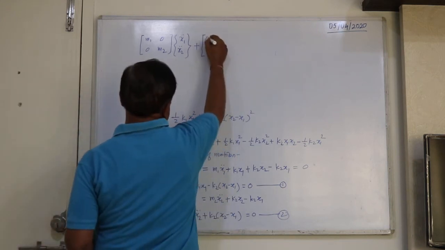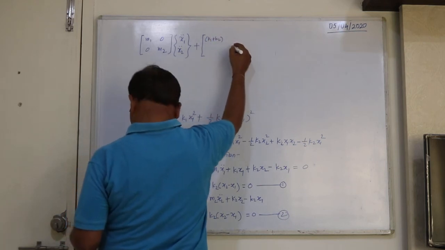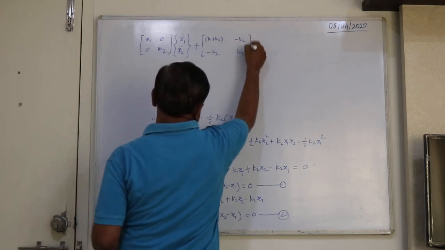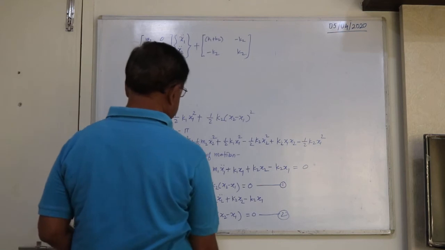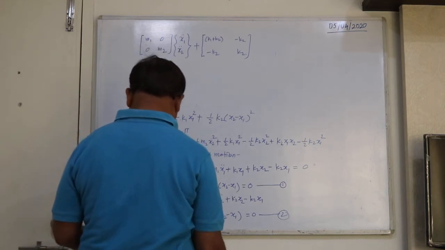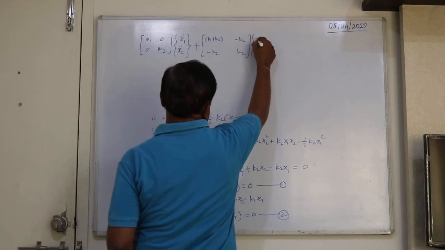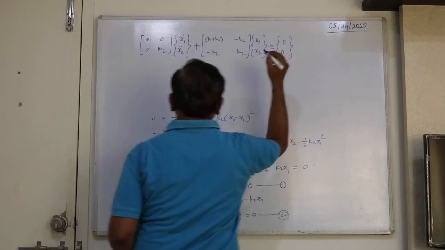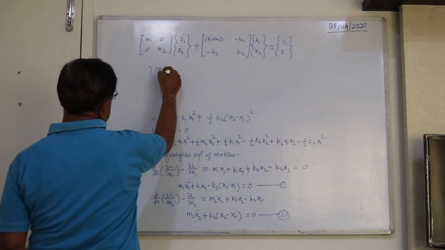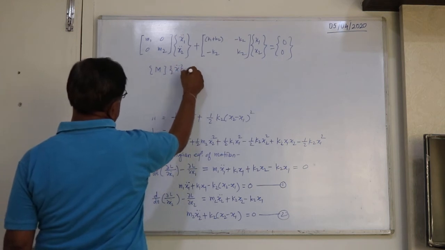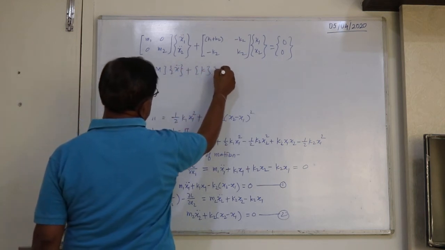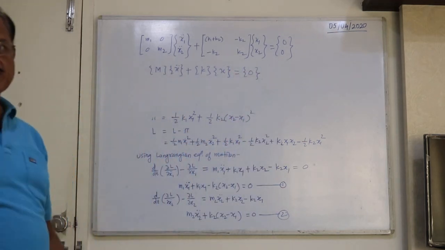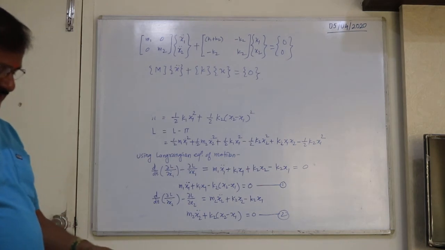So this is K1 plus K2, minus K2, minus K2 and K2, times x1, x2, equal to 0, 0. Symbolically we can write M x double dot plus K x equal to 0. So this is the equation of motion for a multi-degree of freedom system.